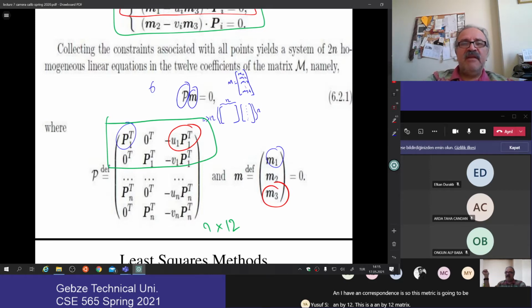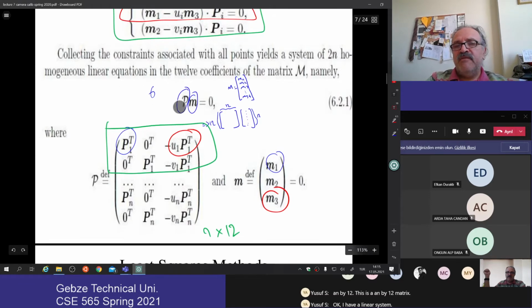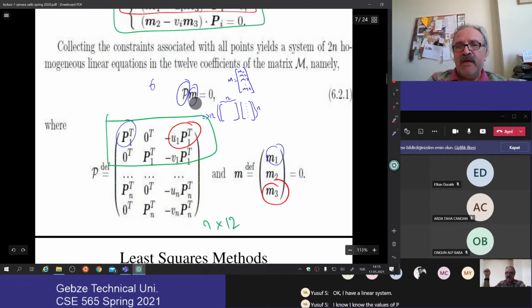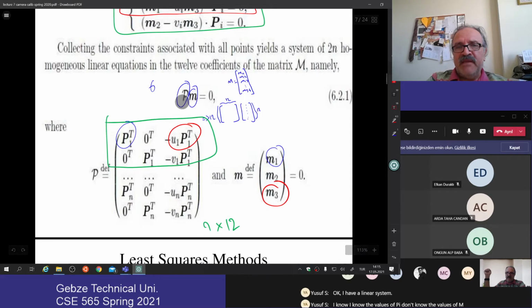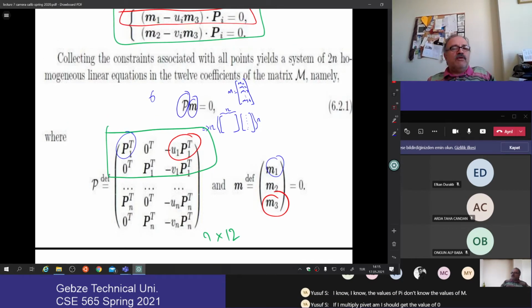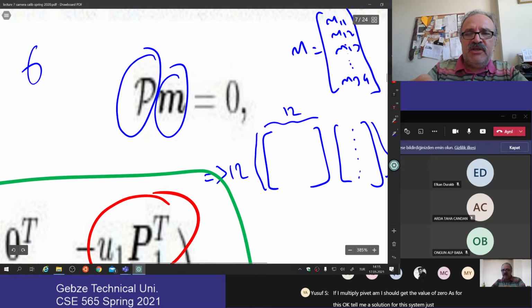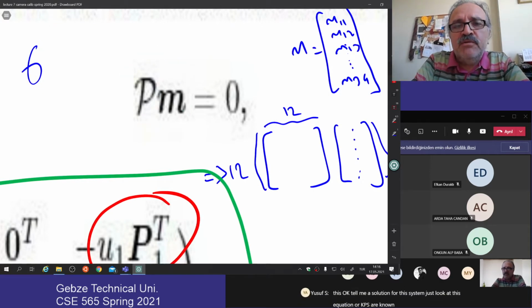Okay, I have a linear system. I know the values of P. I don't know the values of M. If I multiply P with M, I should get a value of 0. And solve this. Okay, tell me a solution for this system. Just look at this equation. P's are known, M's are not known, right?